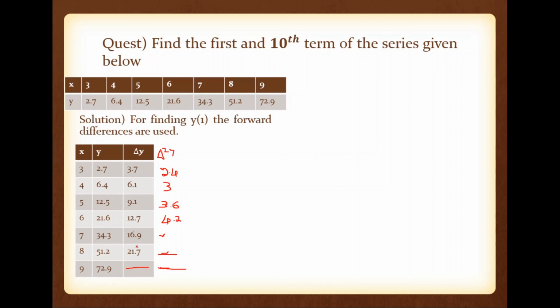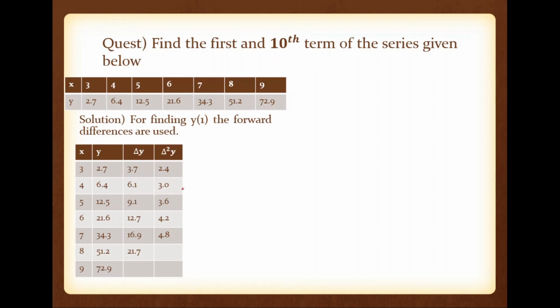Now what is the next one? 21.7 minus 16.9, 4.8. Last two data are absent. So 2.4, 3, 3.6, 4.2, 4.8.